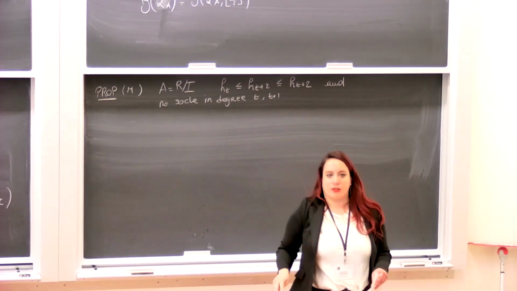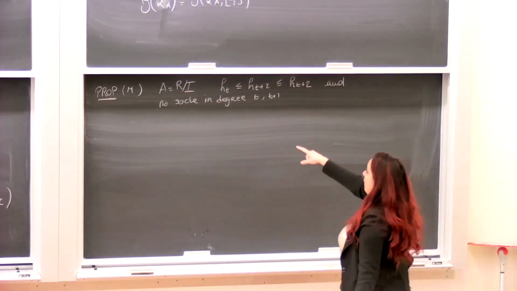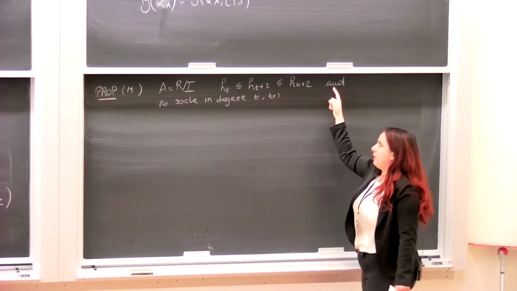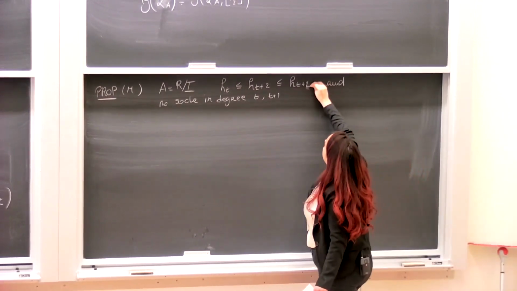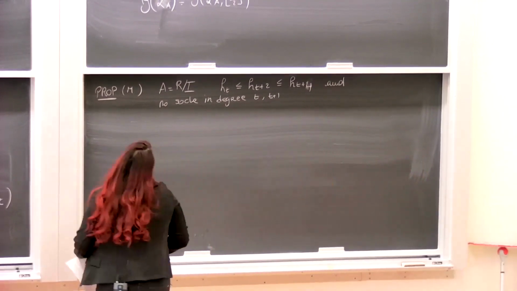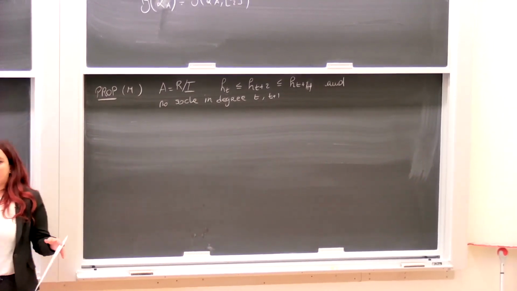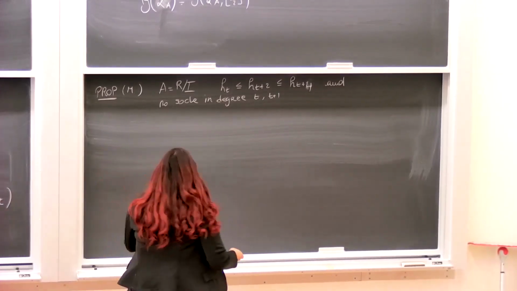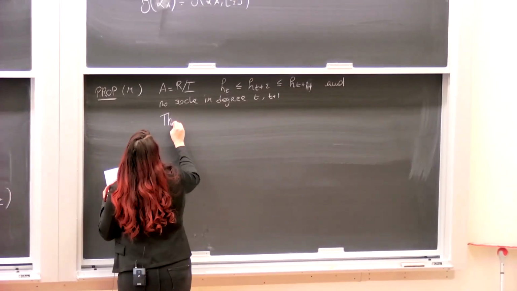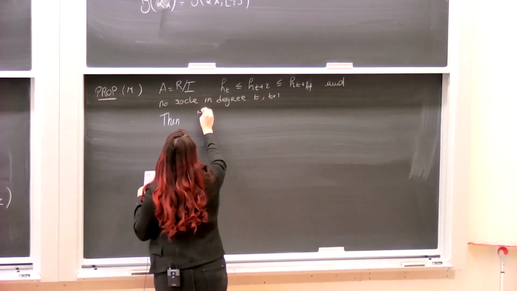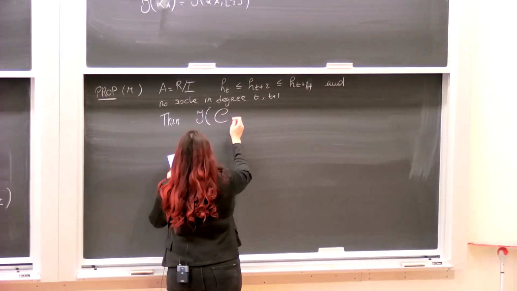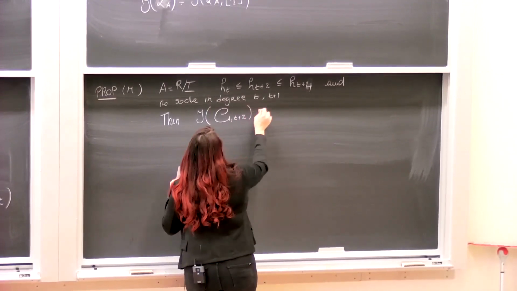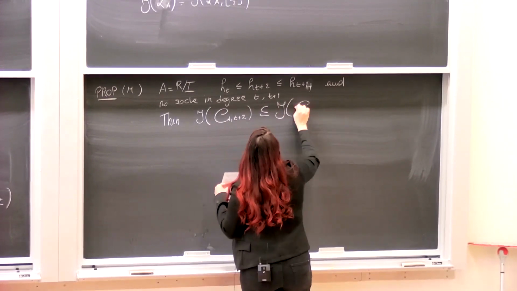So I want to have no socle in these two degrees, and I want the Hilbert function at t smaller than at t plus 2, smaller than at t plus 4. In this case, I can actually prove that they have a containment, even as ideals, so even as a scheme.